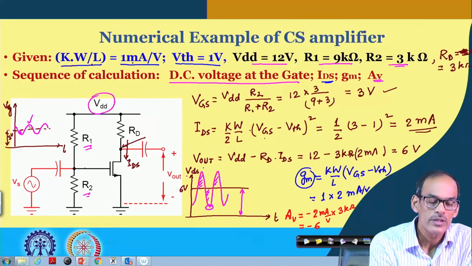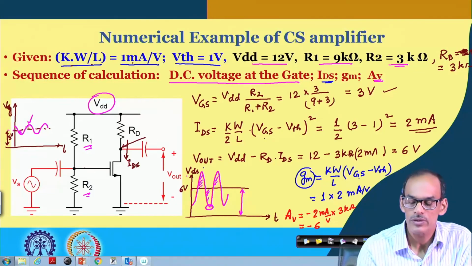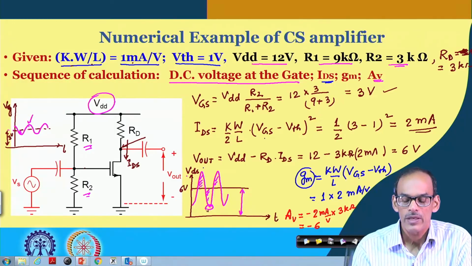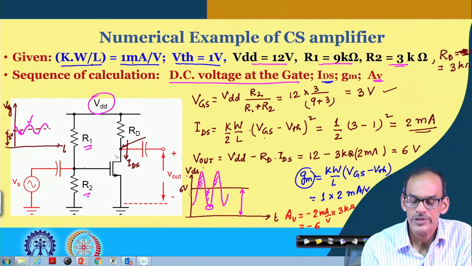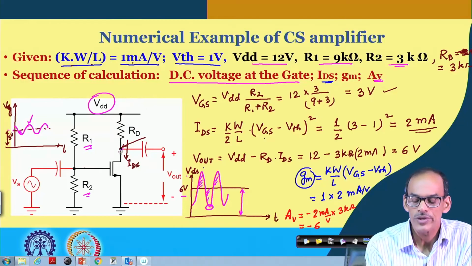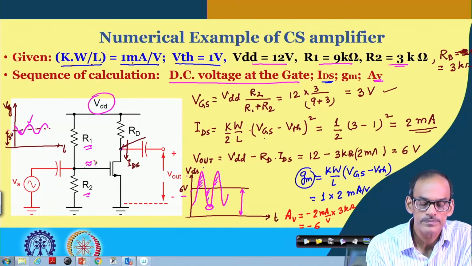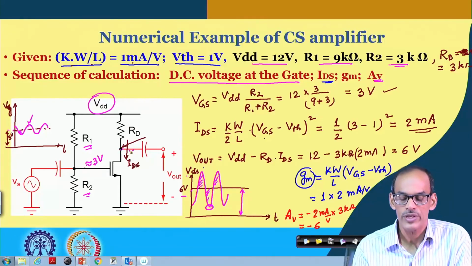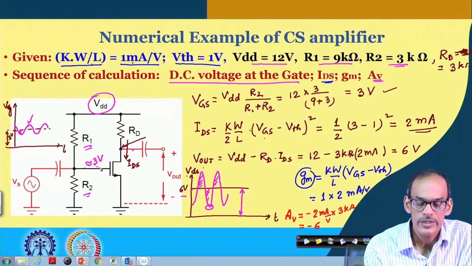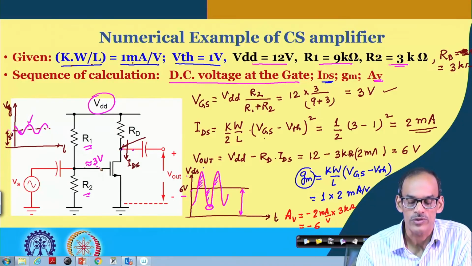And if I ignore this variation compared to this much variation, then the DC gate voltage is 3 volt and the DC drain voltage is 6 volt. So, the minimum possible drain voltage we can say is 3 volt minus 1 volt.